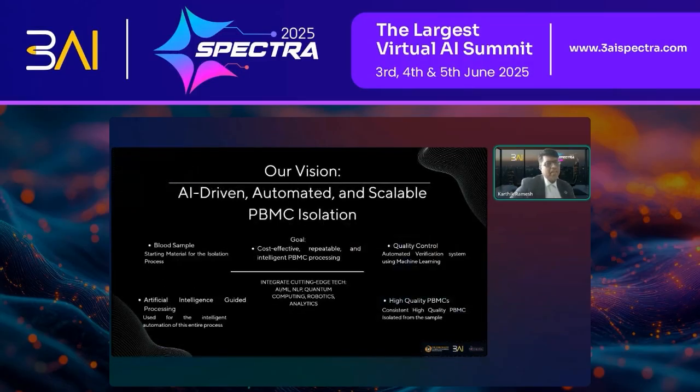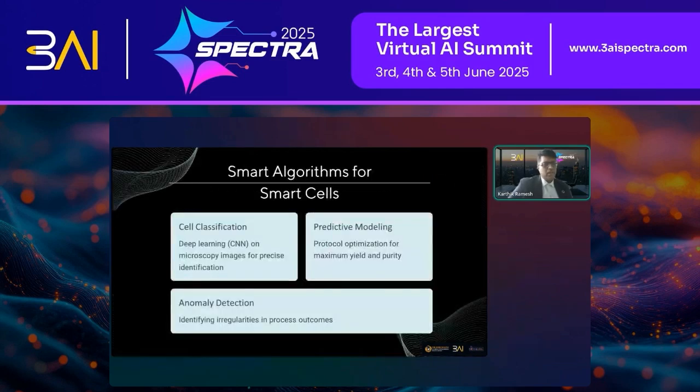But integrating an AI-driven, automated, scalable isolation technique, where right from taking the blood sample, using deep learning and computer vision, segmentation of the blood and identifying the various types can lead to faster separation, more cost-effective, more repeatable technologies. And you can then bring in better quality control, which leads to better outcomes.